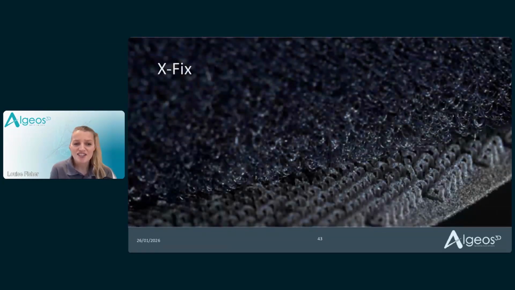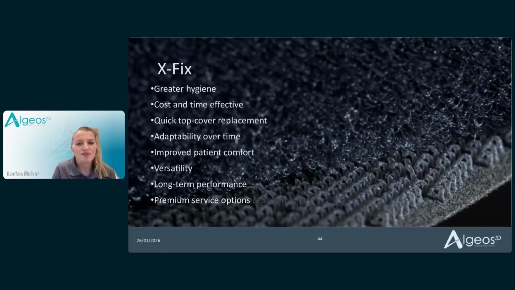A key feature of Algeos 3D is a system called X-Fix. This X-Fix system is new technology, and what it allows is basically a hook and loop system to adhere your top covers to your shell. So we're eliminating the need for adhesives.